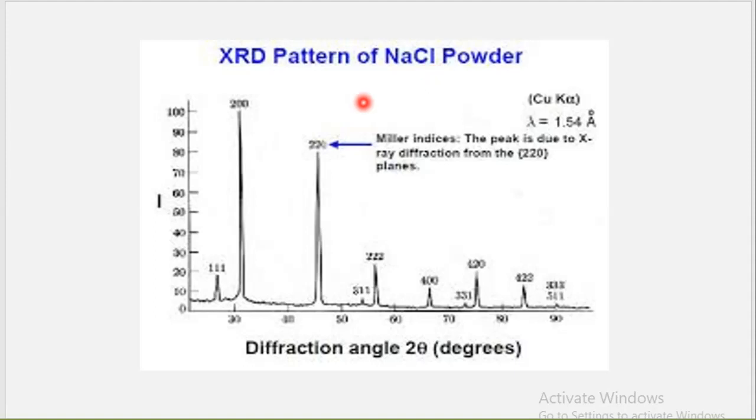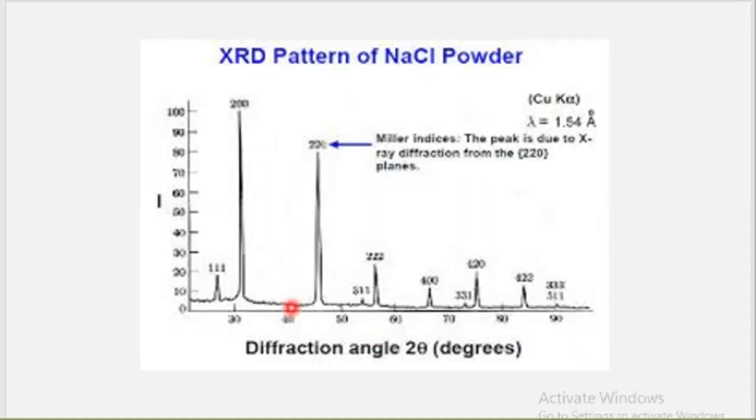XRD means X-ray diffraction, a technique to investigate crystal structures in different materials, and various material properties can be studied through it. So here in this graph we can see that we have plotted intensity on the y-axis and the diffraction angle, which is basically 2 theta, on the x-axis.